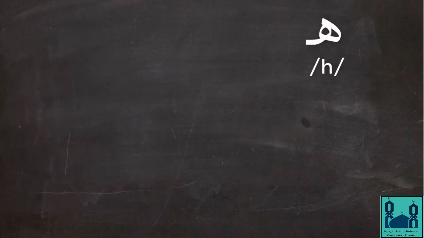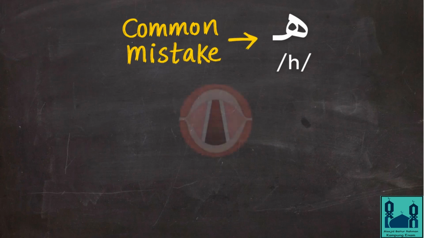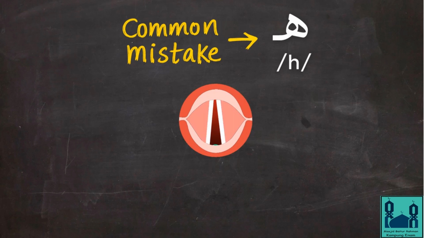Let's start with the common mistakes that may happen when producing the ha sound. We learned a while ago that with ha, your vocal cords should be slightly closed, still open but slightly closed, to cause the friction to happen and to produce the sound. The first and most common mistake with ha is when opening your vocal cords too widely.